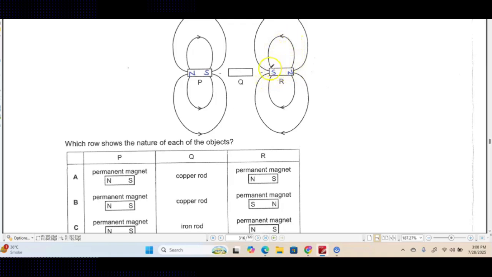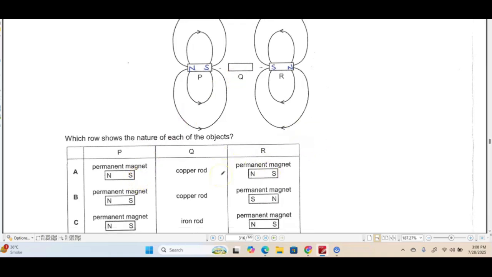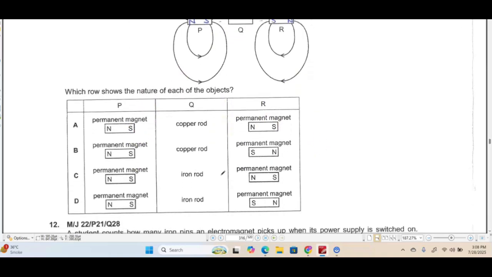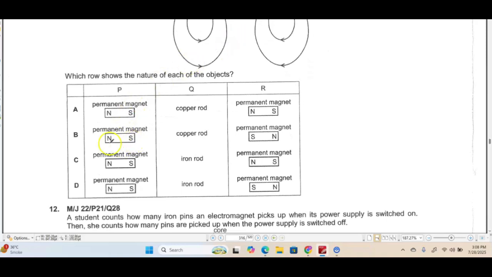So they are going like this. So over here, north, south. So this arrangement is not correct. So option A is not the correct option. This one, the arrangement is correct. And an iron rod is not there because it's not being attracted to either of the magnets. So it's something which is not a magnetic material. The copper rod it is going to be. So 11 ka answer is B.